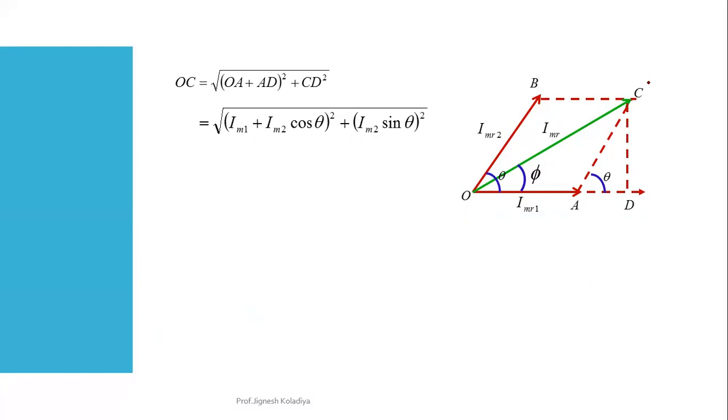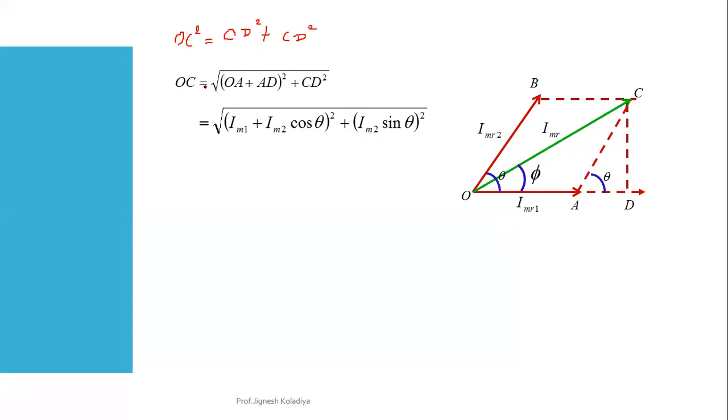OC square is equal to OD square plus CD square, right? Got it?